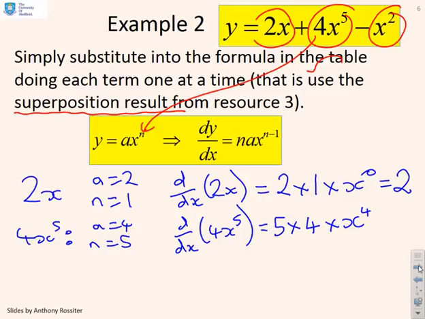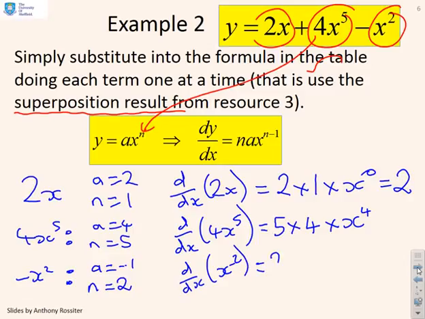which is x to the 4. And the final term, the minus x squared, here I've got a equals minus 1 and n equals 2. So d dx of minus x squared is going to be, first start with the n, so that's 2 times minus 1 times x to the 1.